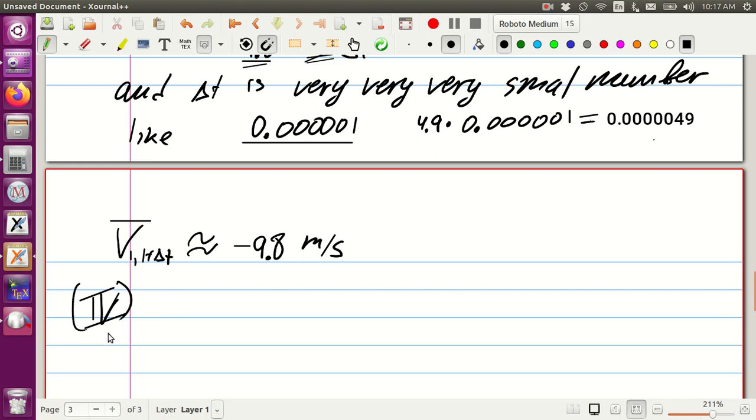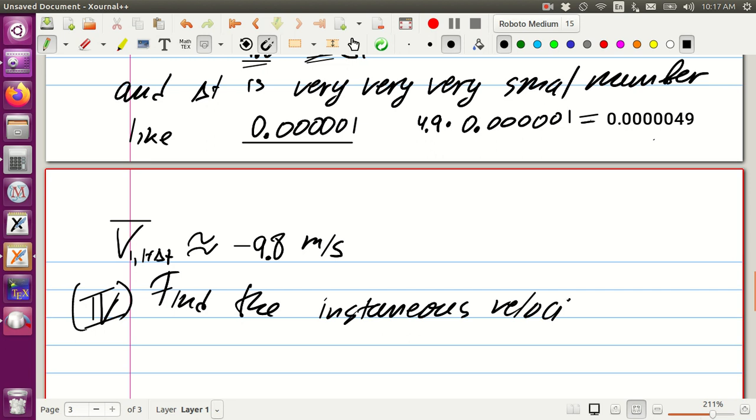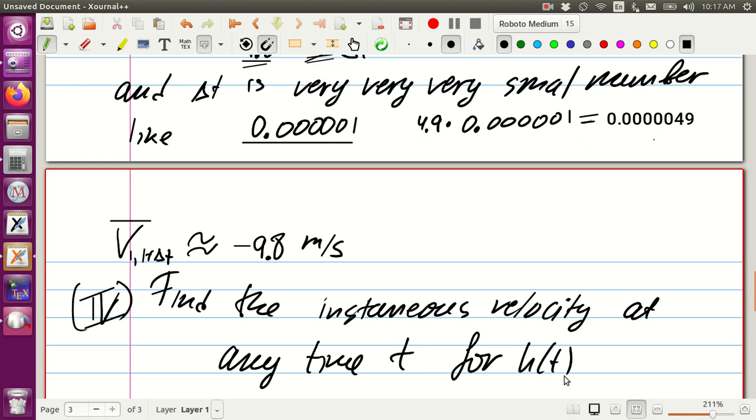So part 4 tells us: find the instantaneous velocity at any time t, for h of t equals 50 minus 4.9 t squared.